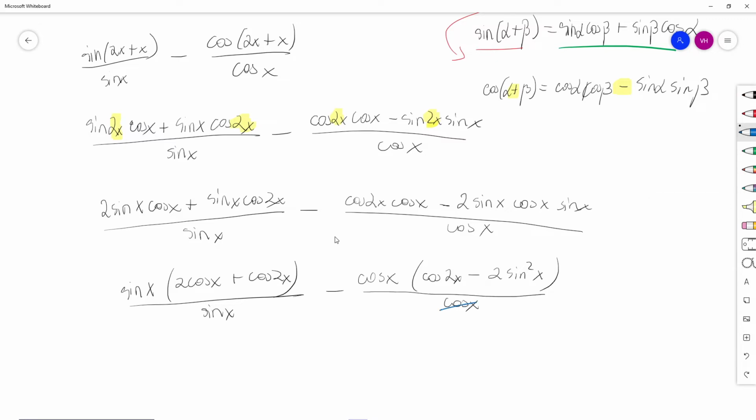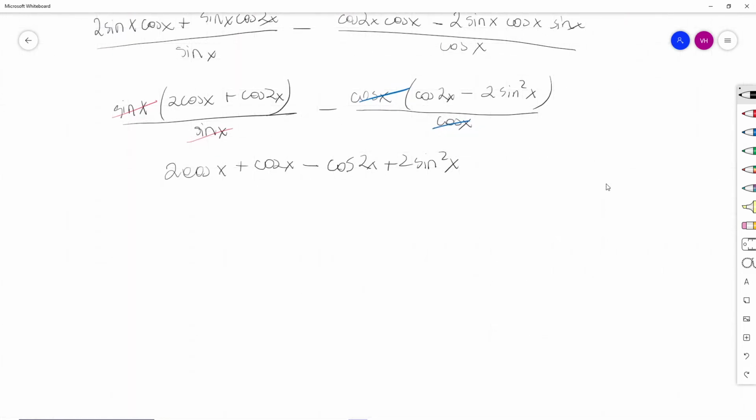Now cosine cancels out, and sine also cancels out. So we're left with 2 cos x plus cos 2x minus cos 2x plus 2 sine squared x.